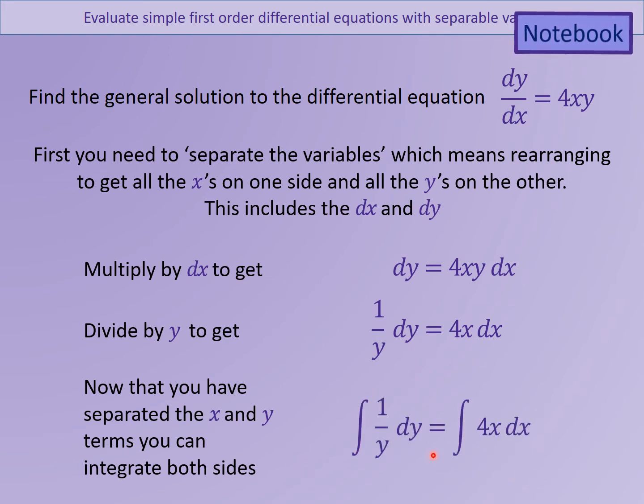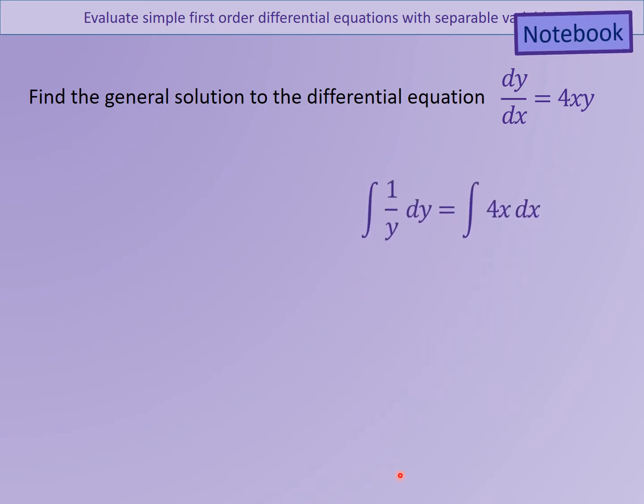And now I'm integrating a y function in terms of y, and on this side I'm integrating an x function in terms of x. So there's nothing difficult now. I just need to make sure I've got the integration skills, that could include parts or substitution, of course, to be able to solve these two integrals separately. Okay, and that's what we're going to look at next.